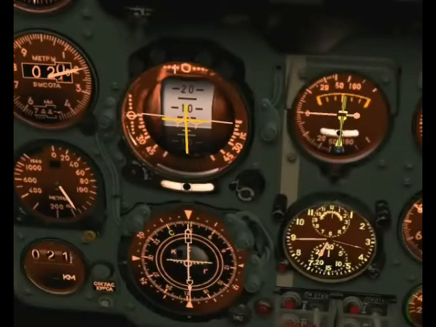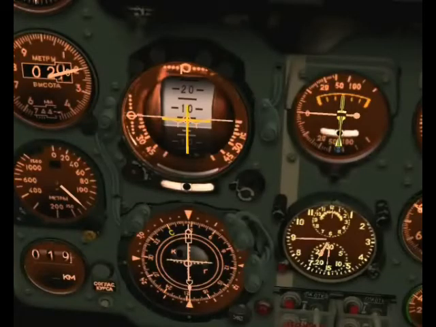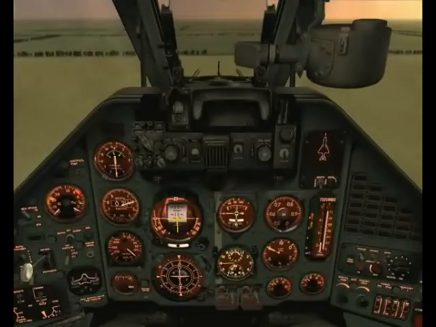So we know that we're on course. Okay, let's fly the needles here. Just hold with that vertical needle centered, and it'll bring us right back up onto our course.